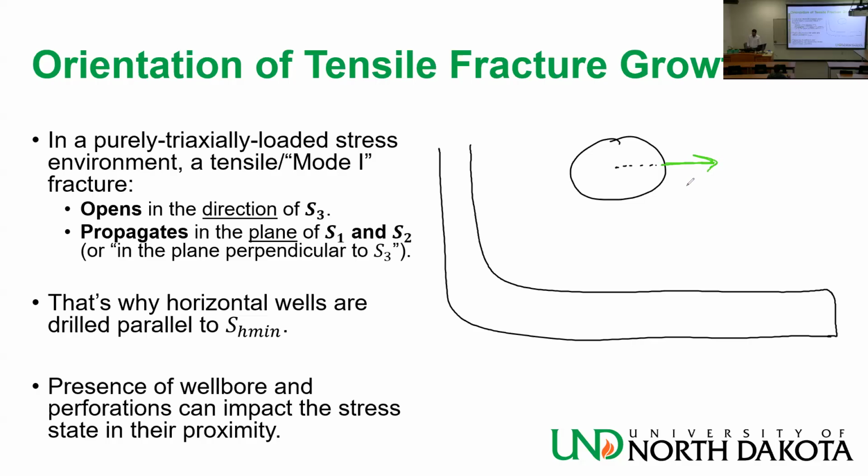On the well, it's going to look like, look at where the mouse is here, coming out towards me, out of the screen towards the audience. What about the tangential stress? It's in this direction.